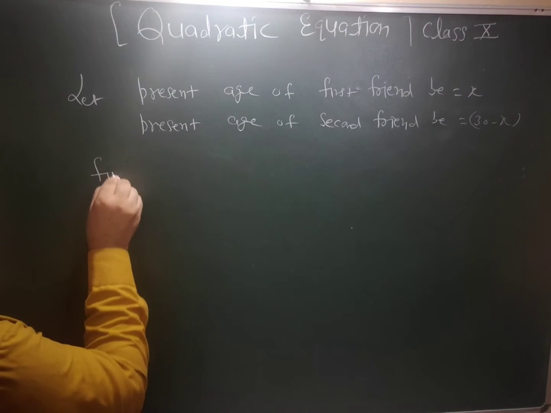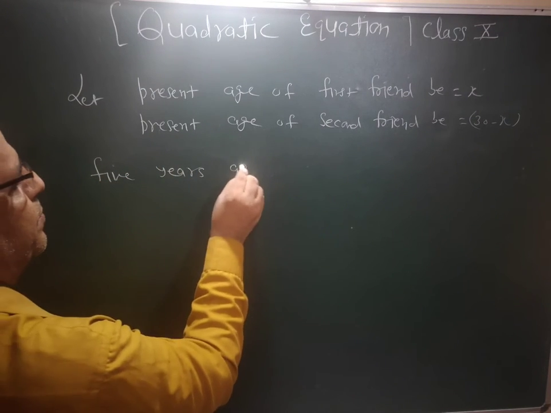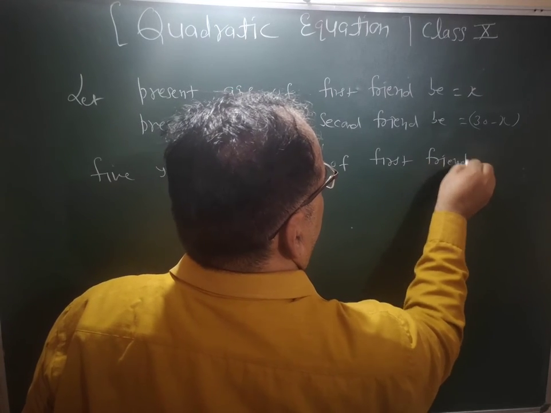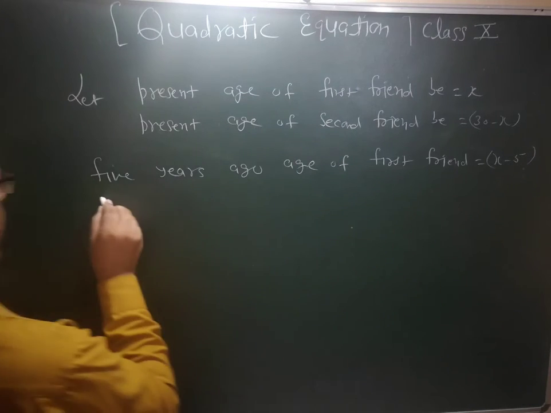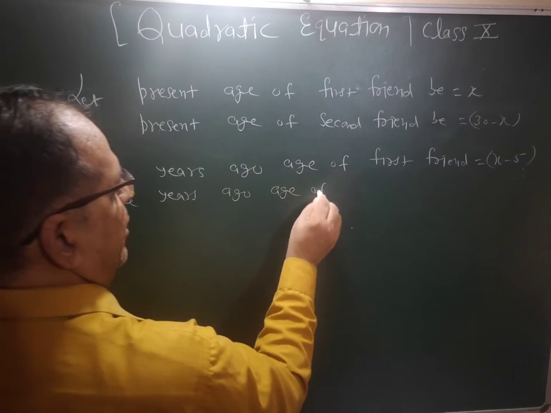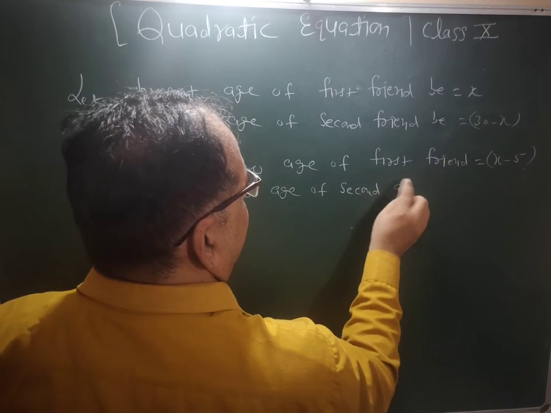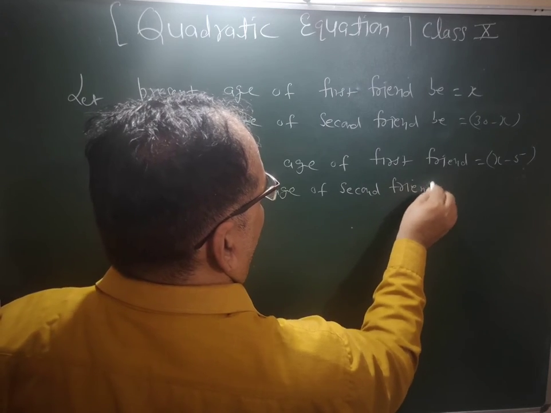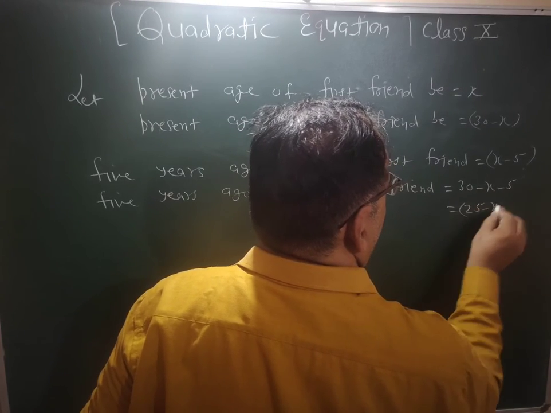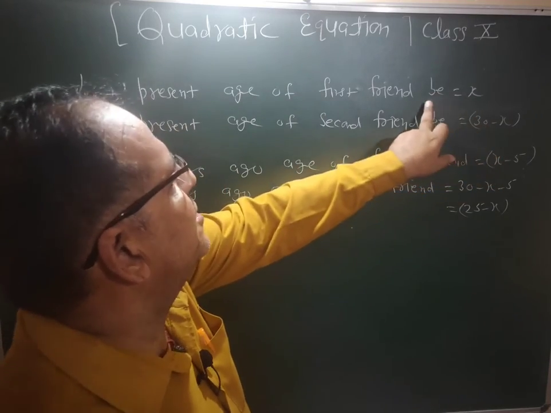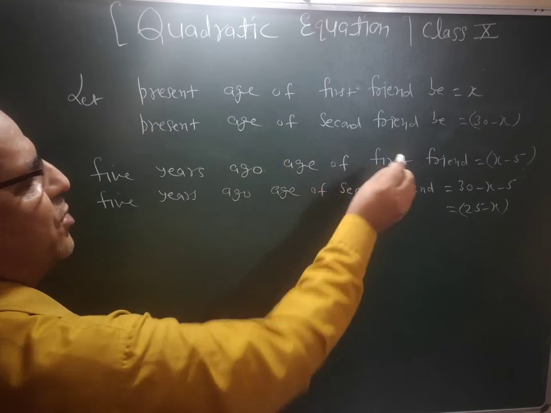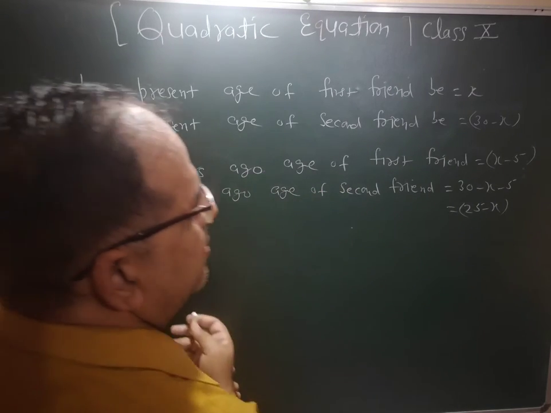Now 5 years ago, the age of the first friend was X minus 5. 5 years ago, the age of the second friend was 30 minus X minus 5, that means 25 minus X. The present ages are X and 30 minus X, and 5 years ago the ages were X minus 5 and 25 minus X.